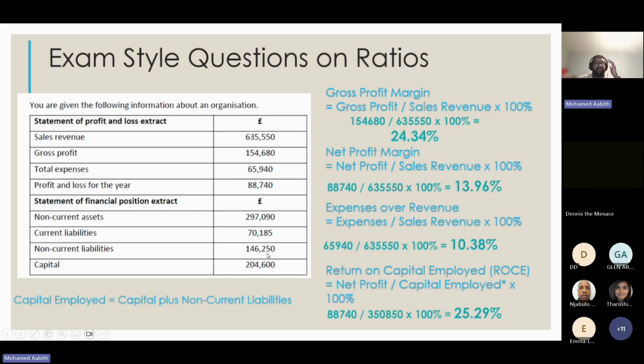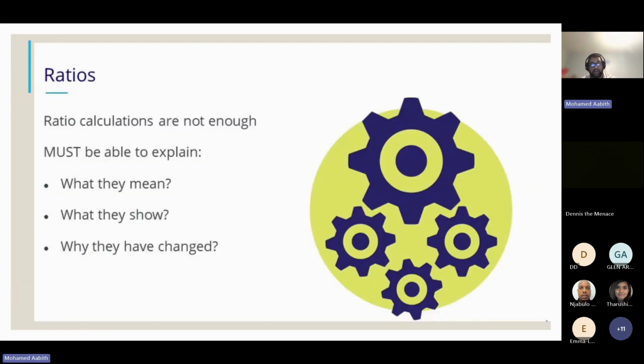So for the given capital and non-current liabilities you employed, you will get a 25% return in profit. That means whatever money is invested, it takes nearly 4 years. So you can get your money back within 4 years of that investment. That is how ROCE, return on capital employed, is calculated.